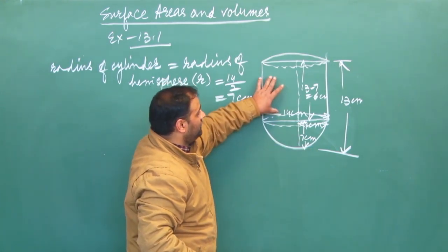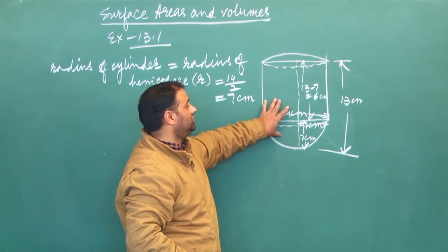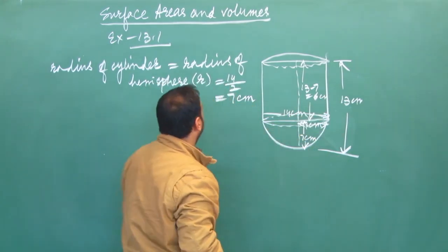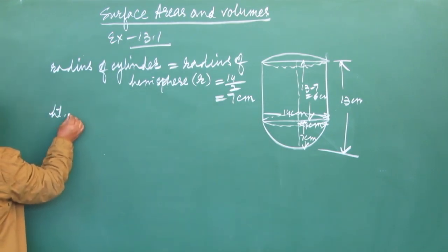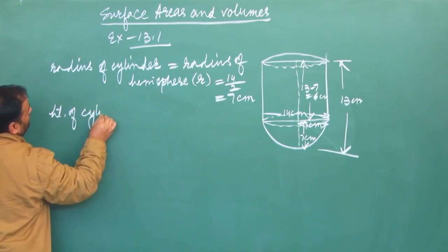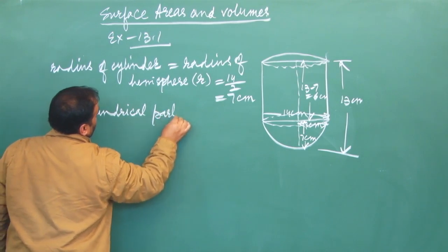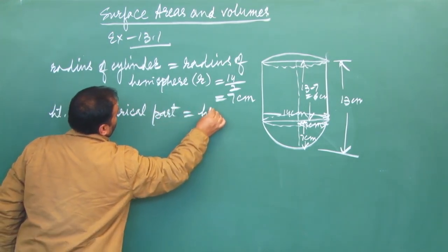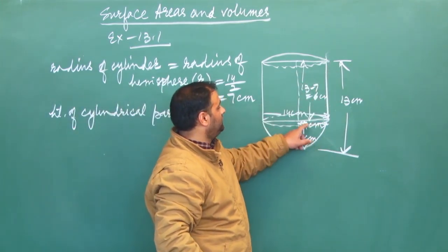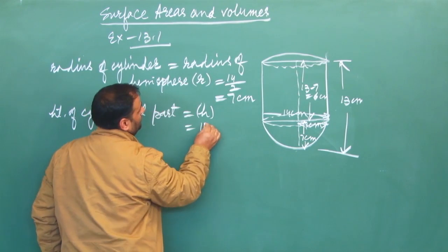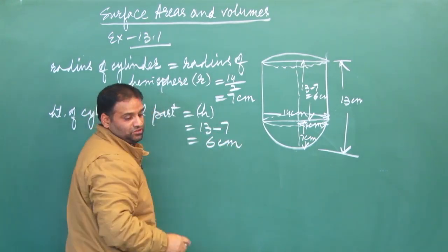The height of this cylinder and the height of the hemisphere together gives the height of the vessel. In order to get the height of the cylindrical part or cylindrical portion, which we denote by small h, it will be the total height of the vessel subtracted by the height of the hemispherical part, and the height of the cylinder is 6 centimeter.